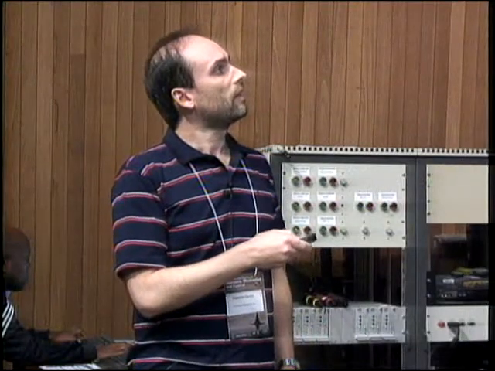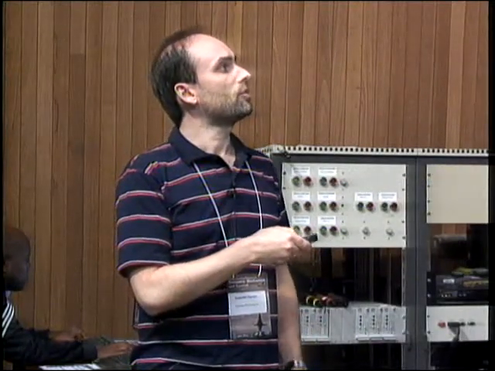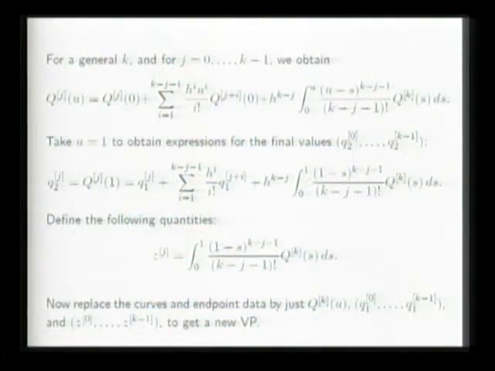And you can define these quantities zj as these integrals here. The idea of this is that if you know the q1s and the q2s, you can find zj. And if you know zj and q1, you can write q2. You can go from the endpoint data, q1 and q2, to q1 and z.